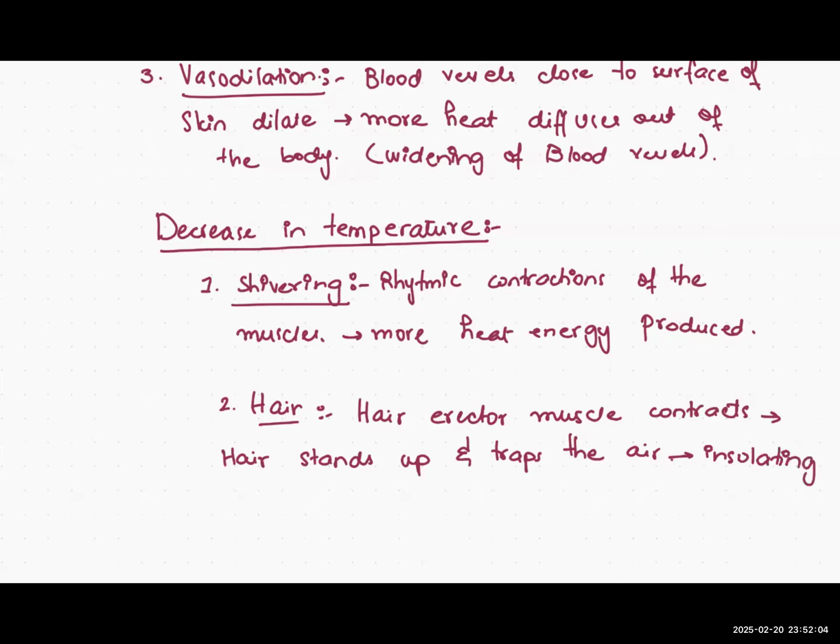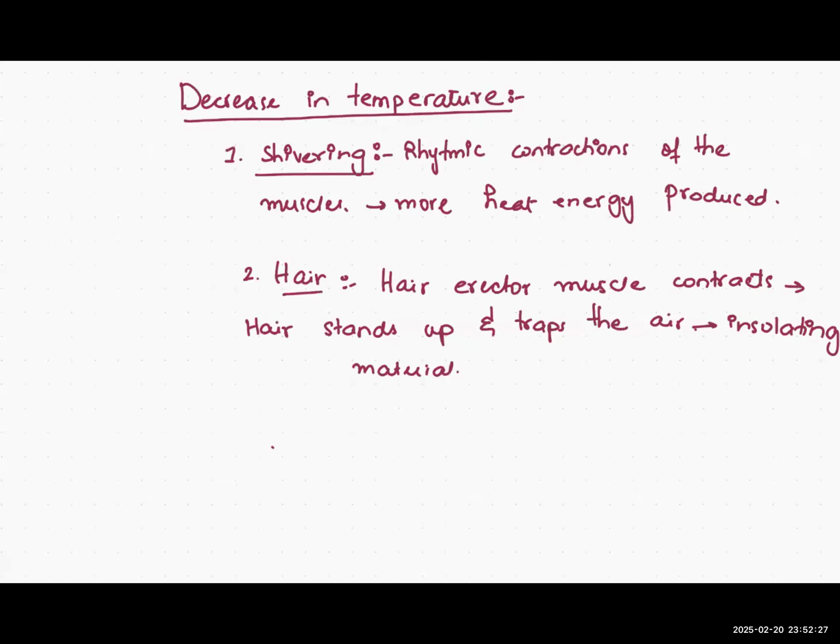Now, keep in mind that this might not be that applicable to you and me, BTW, but this is very applicable to animals, who obviously have a lot of fur and feathers, and that helps keep them warm. Then we have vasoconstriction. Vasoconstriction is when the blood vessels become narrow.